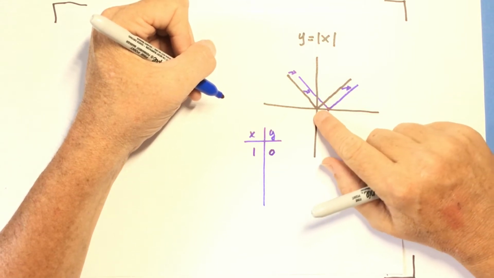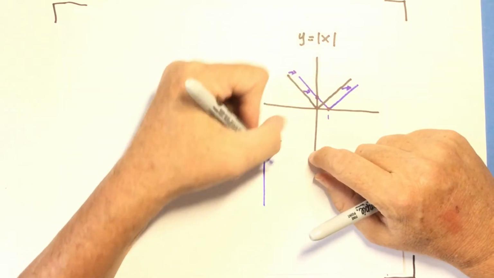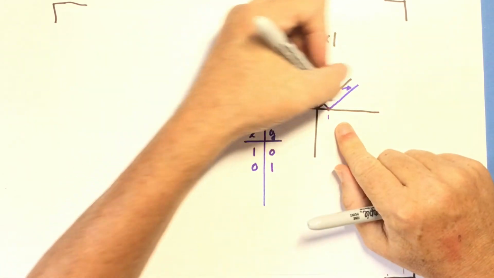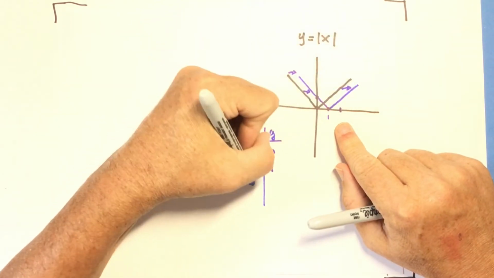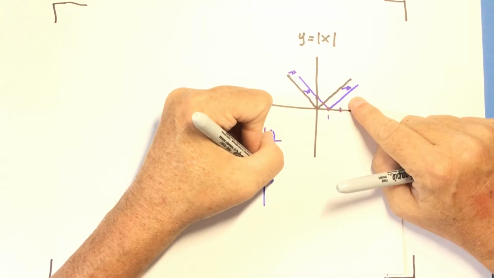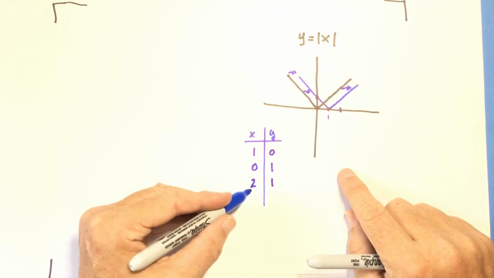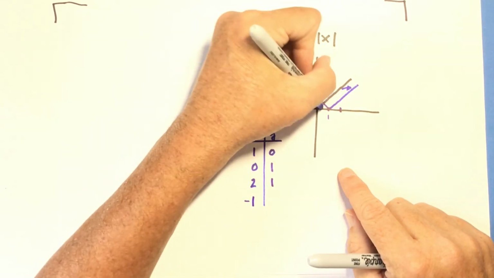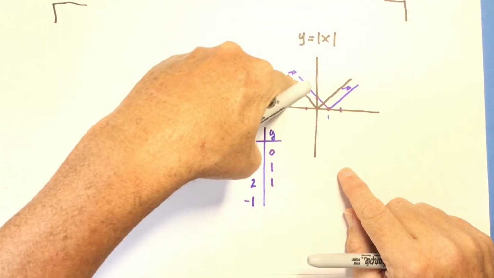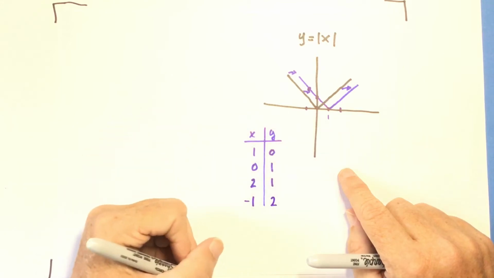When x is 0, y equals 1. When x is 2, y equals 1. Let's see what happens when x equals minus 1. That's that point right there. That means y now equals 2.